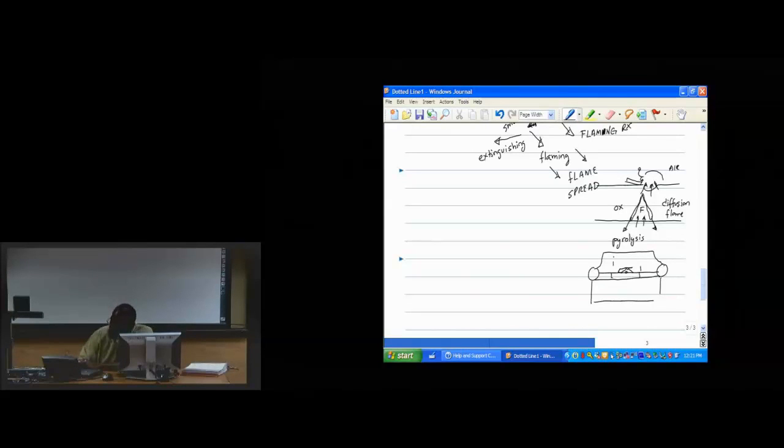As this is occurring, we're lofting products of combustion into the room, and there's mixing happening. We're spreading the burnt products, and these burnt products are composed of all sorts of different gases.